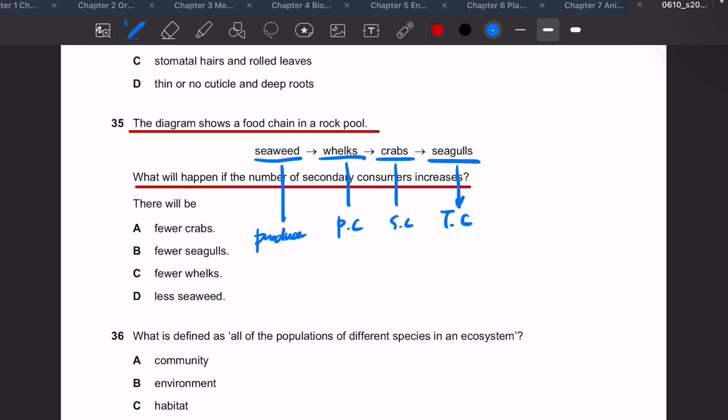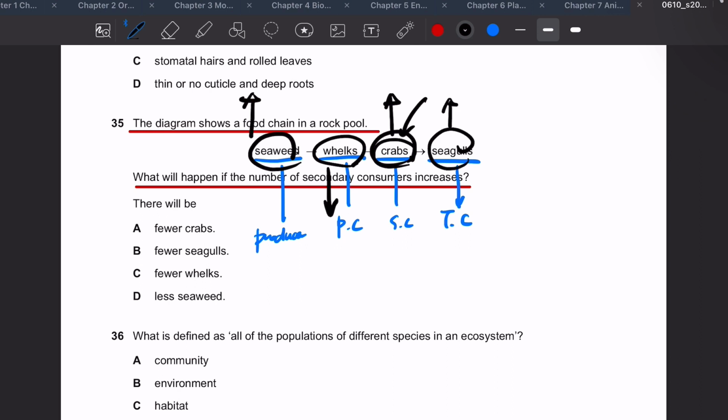So if the secondary consumer, which in this case is crabs, increases, then there are more crabs that eat whelks, and if they eat more whelks, the number of whelks will decrease, and then the seaweeds will increase, and the seagulls will increase because seagulls will eat crabs, and there's more food now because the secondary consumers increase.